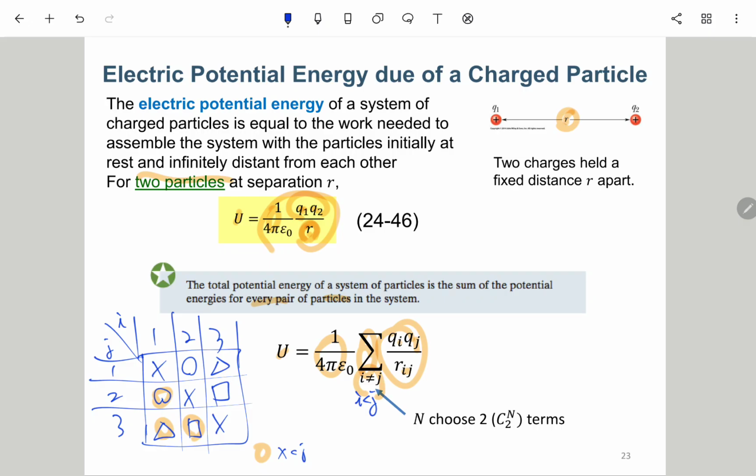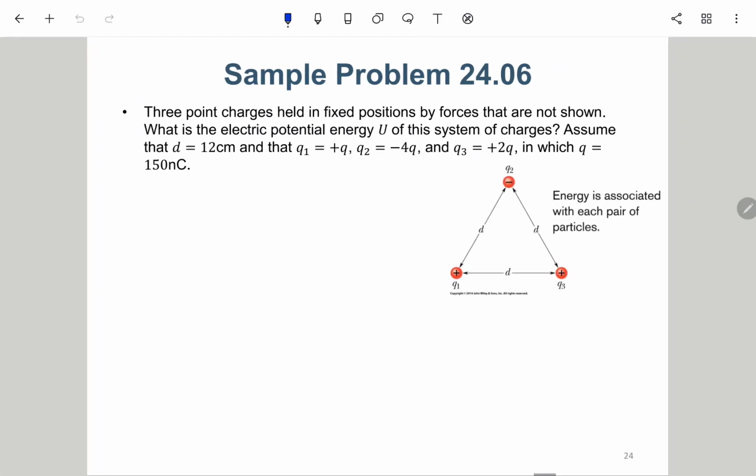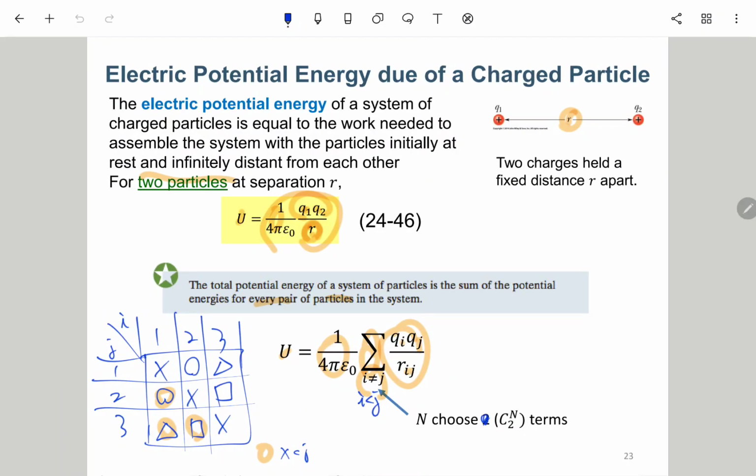You only need to calculate n choose 2 terms. So altogether we have n choose 2 terms, which is n times n minus 1 over 2.